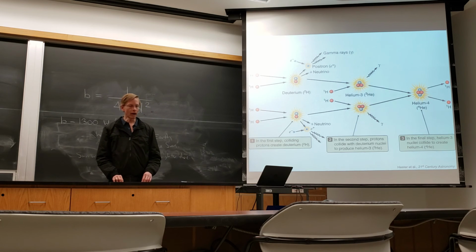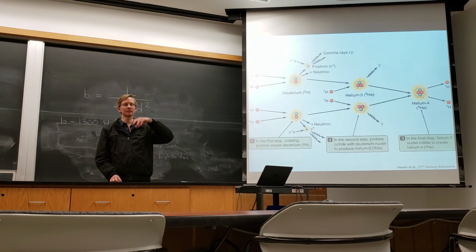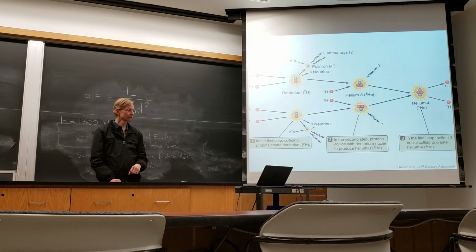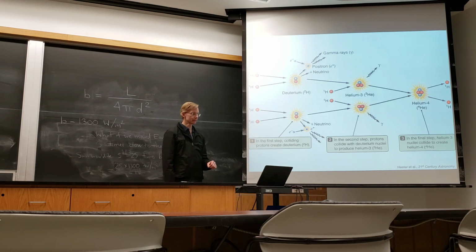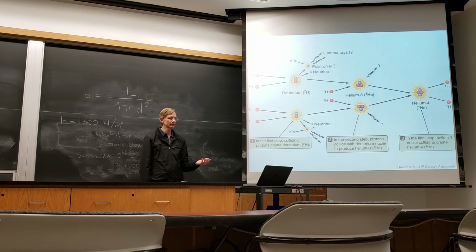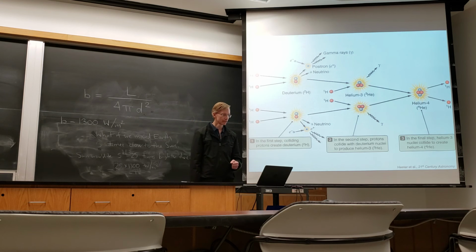So while photons created in the sun take hundreds of thousands of years to slowly make their way to the surface because they keep interacting with things on the way out, neutrinos stream out directly from the sun's core into space. And so by observing neutrinos, we can get insight into current conditions inside the sun's core because they're being formed inside the sun's core. We can see how things are inside the sun's core today.